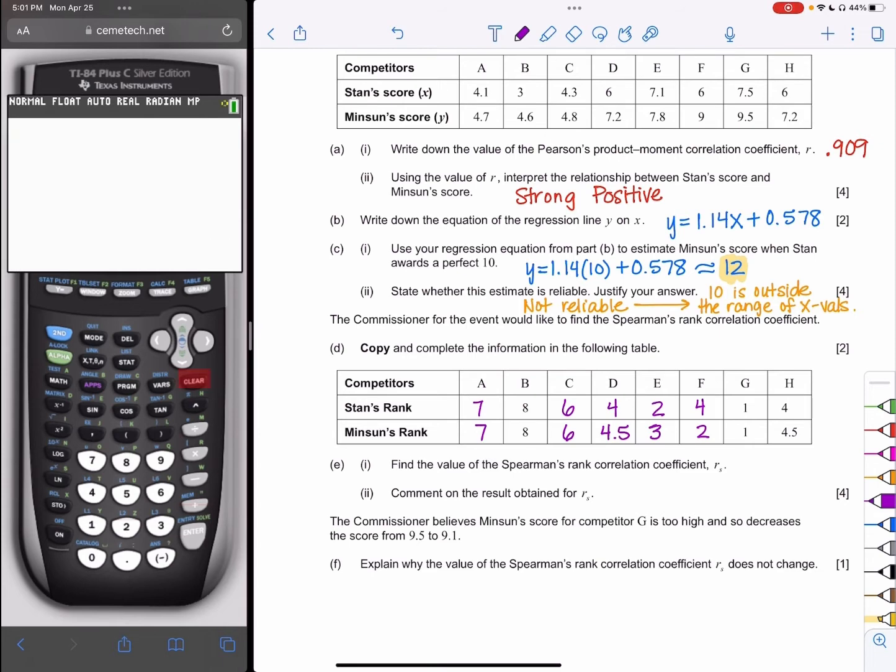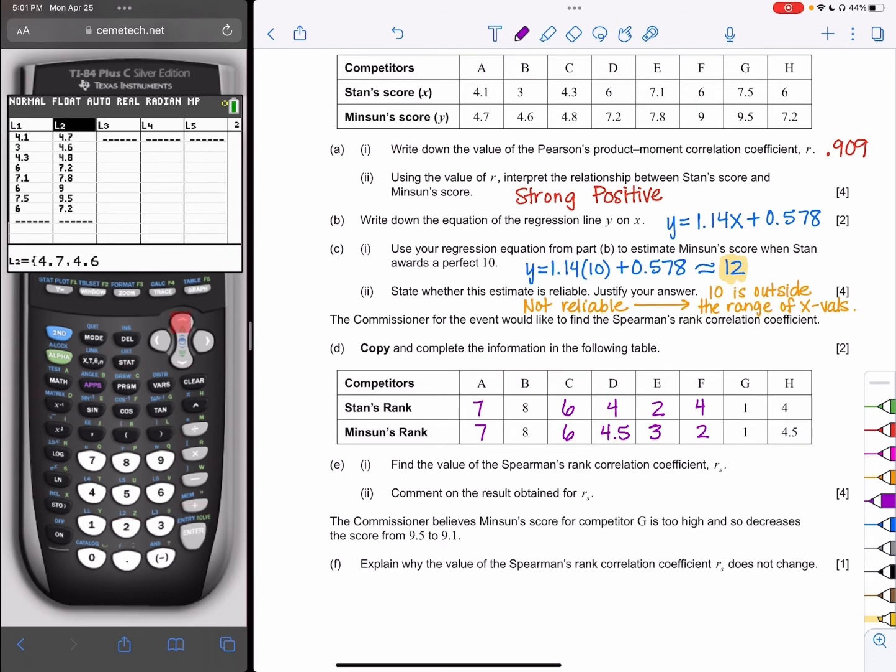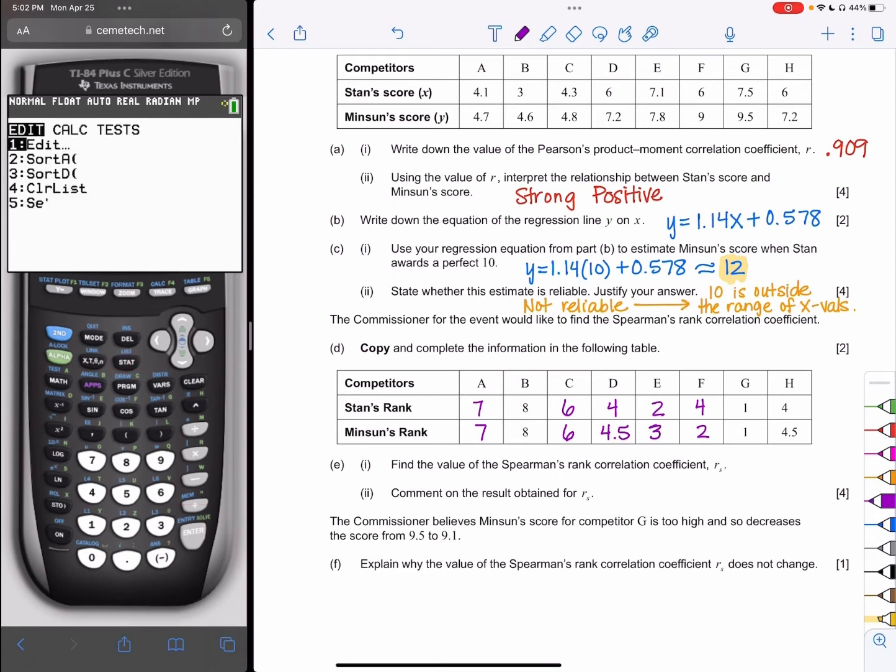So now I want to find my Spearman's rank correlation coefficient. So what I do is I go to Stat, Edit, I clear out all of the values in my list, and then I'm going to type in my rankings. Now that I have those values in, I'm going to press Stat, go over to Calc number 4, and then I'm going to calculate my value of r.